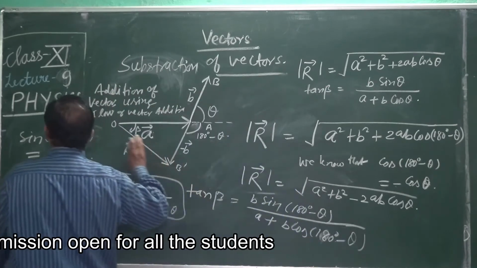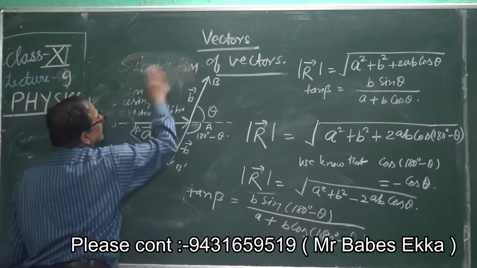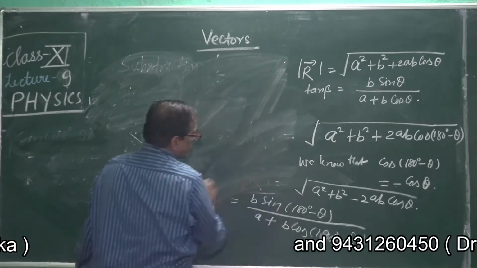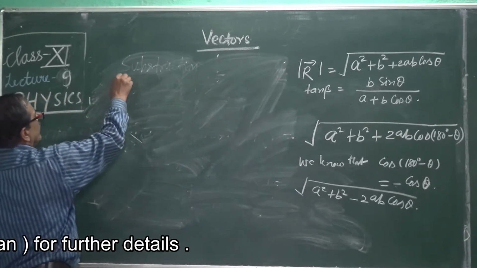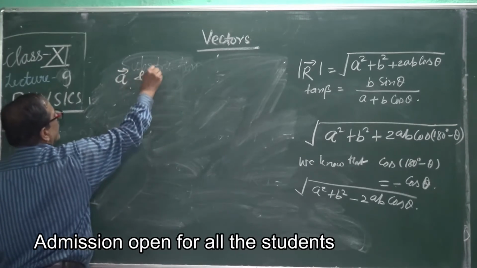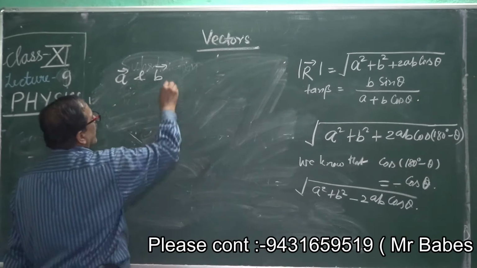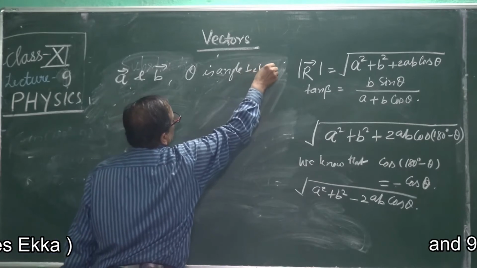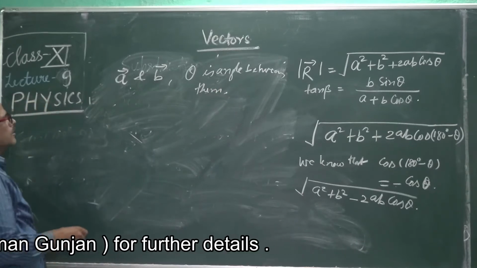Again we recall the addition of vectors and subtraction of vectors using the triangle law of vector addition. See here, if vector A and vector B are added, and theta is the angle between them, so what is the resultant when they are added?